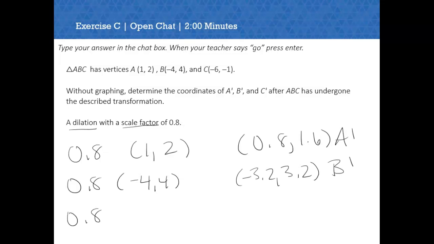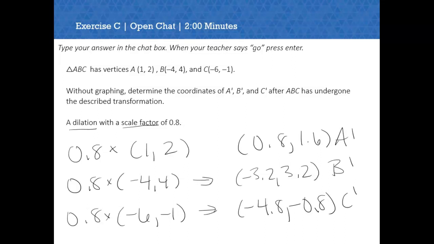And then finally for C, multiply through and we get (-4.8, 0.8). And you can just do this on your calculator. But when you write this, for example, in a part 2 version of the test, you just put this little multiply in here, so I know that's what you did. And then you write the new coordinates. So you need to show all of this work.